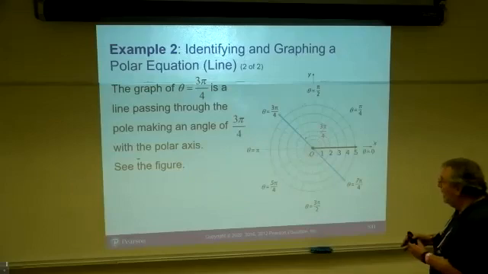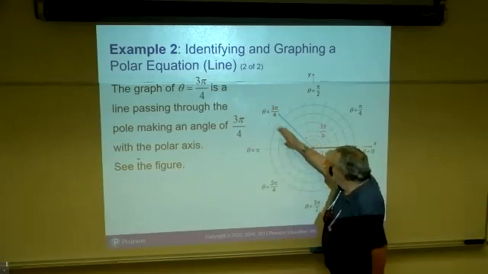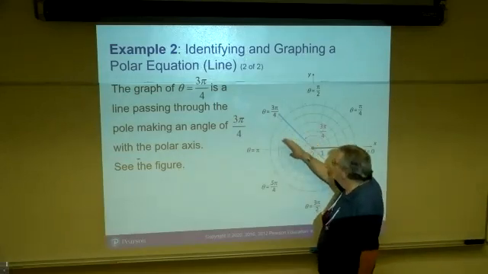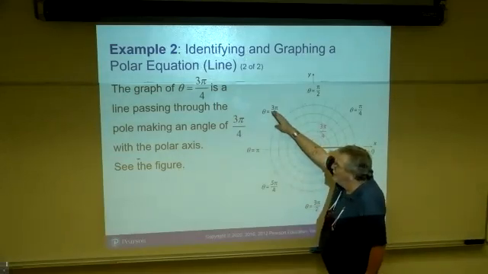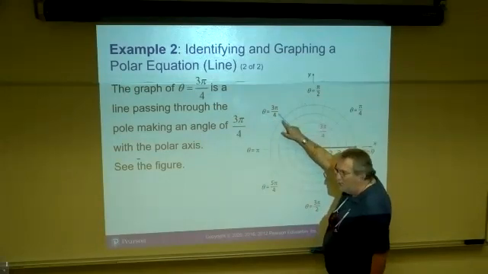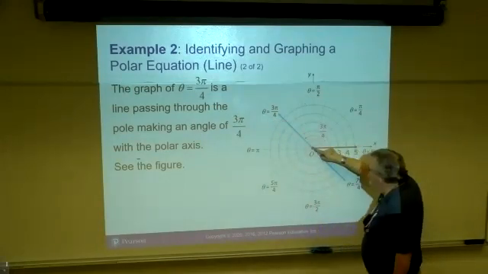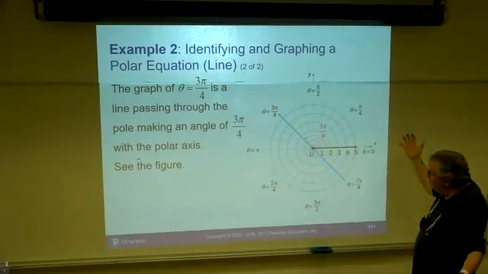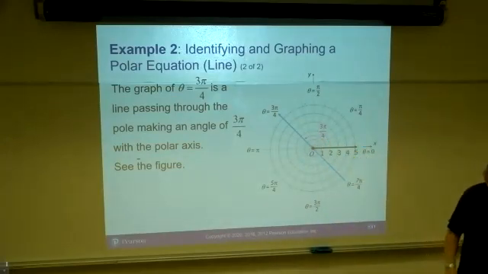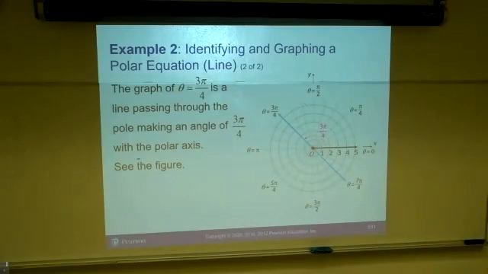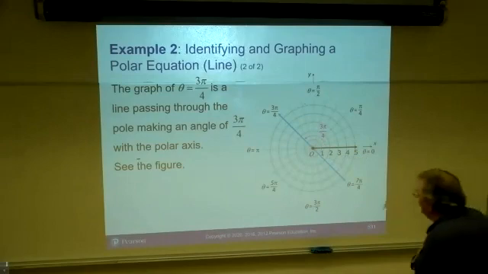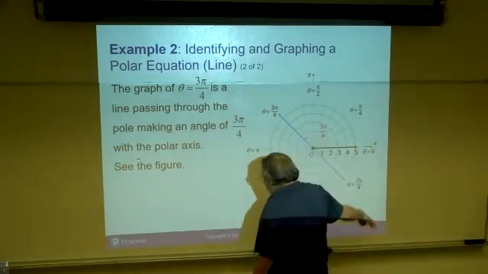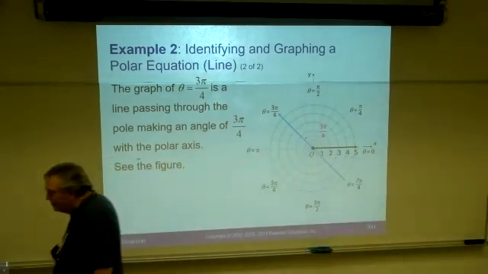Now, r can be positive, because this ray here is the ray they're talking about. But r could be positive or r could be negative. So you're either going this way or you're going in the opposite direction. So there we have it. Because we have no stipulation on what r can be, r can be going in the same direction as the ray or in the opposite direction.